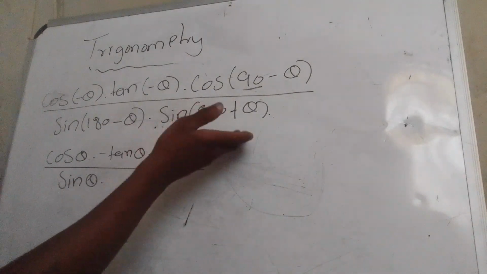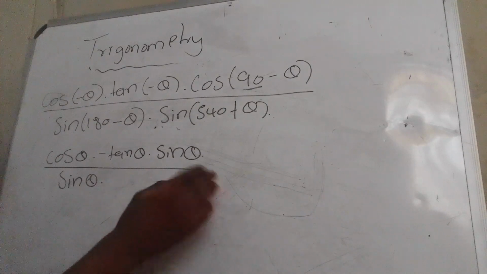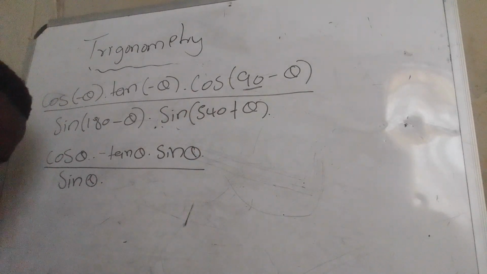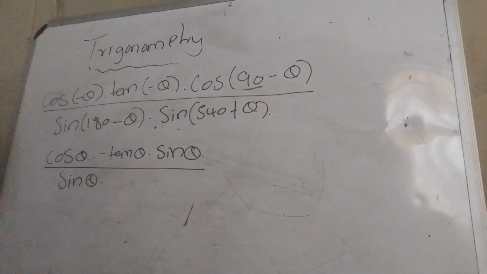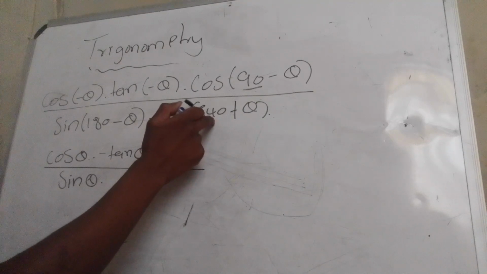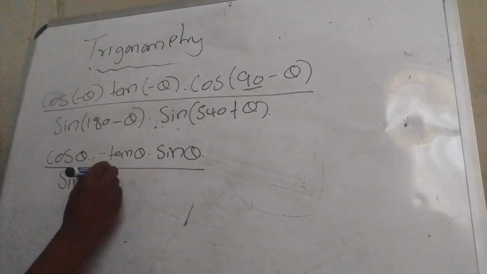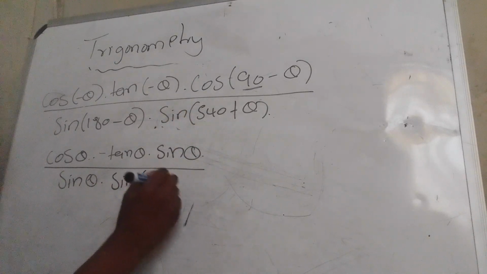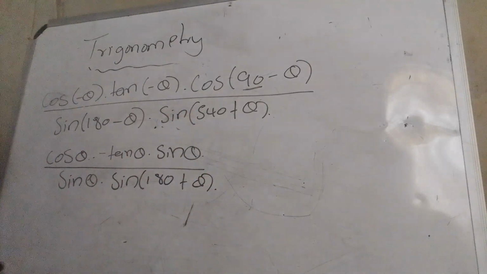So we cut the plane: we subtract 360 from this 540. Then we find 540 minus 360, and you're going to have 180 plus an angle, right?